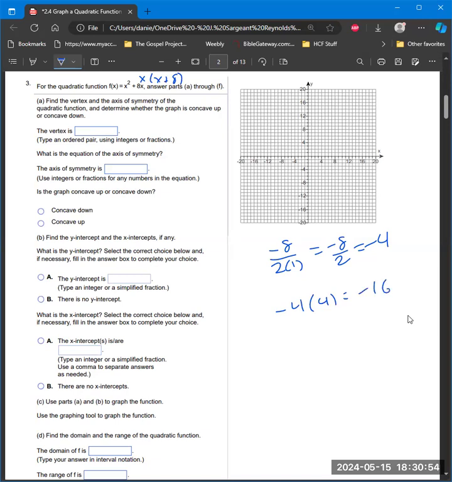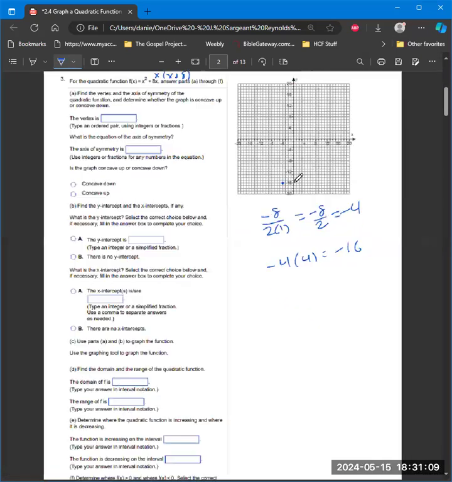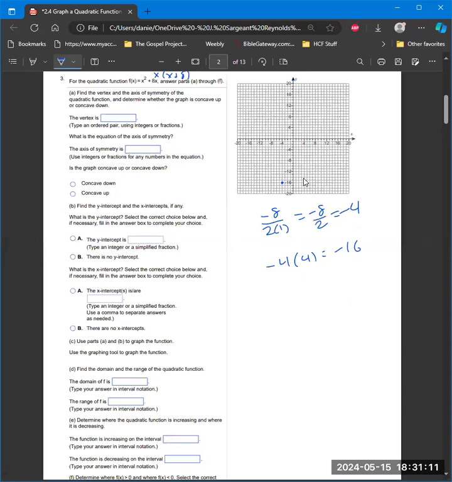I need (-4, -16). Zoom in here. (-4, -16) is there. And my x-intercepts are going to be at 0 and negative 8.